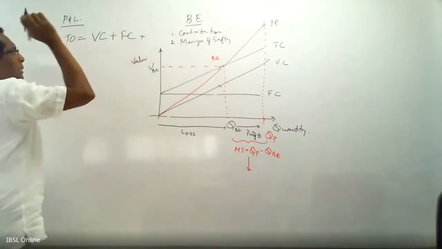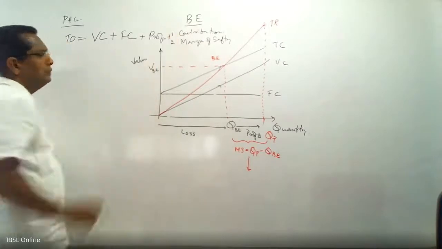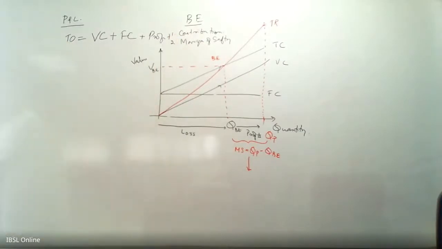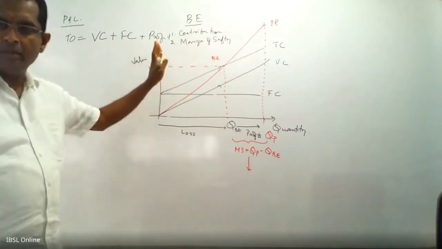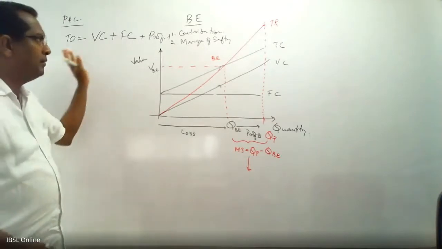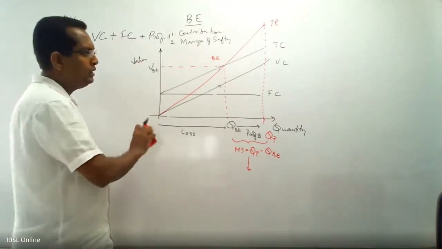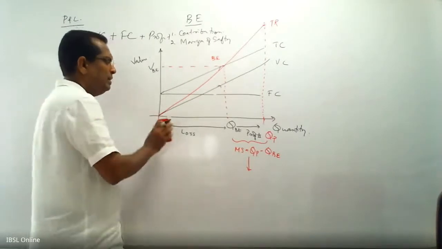Fixed cost plus profit. This is our profitability. So can I erase this? Right? I will erase this part so I have the board clear for you. So hope you understood this graph, and this is the basic of it.